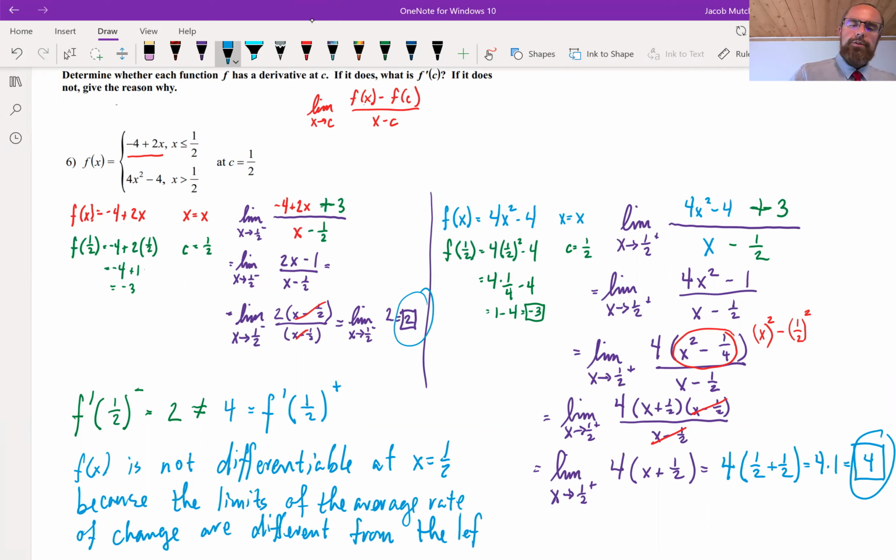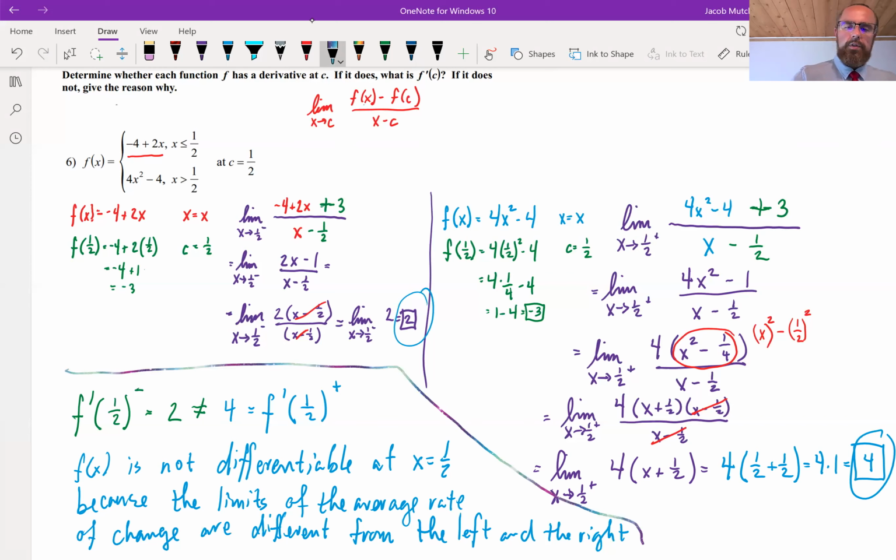So that offers some justification for our classification of this function as continuous but not differentiable. And we want to just circle or box to indicate that is our final answer. So place that in a big enclosed area there.